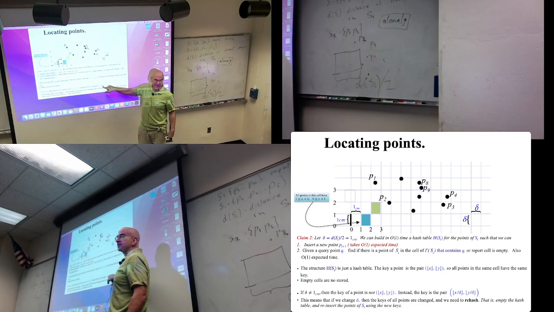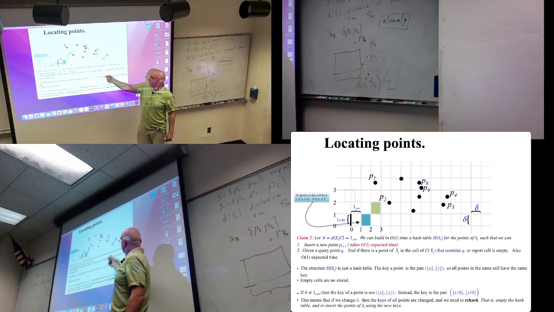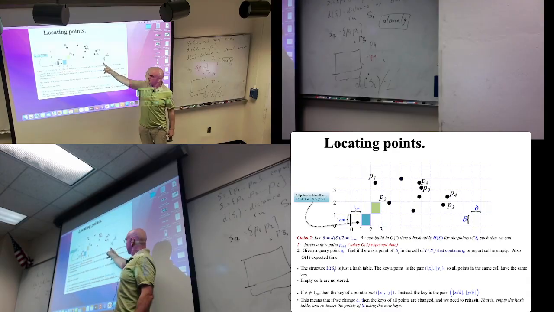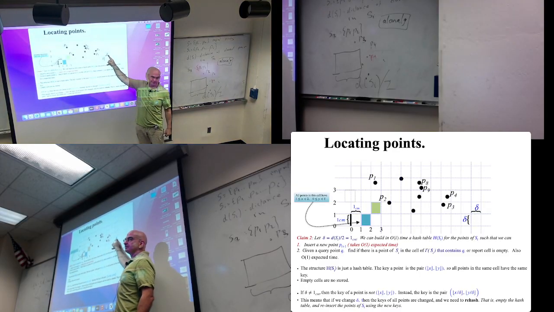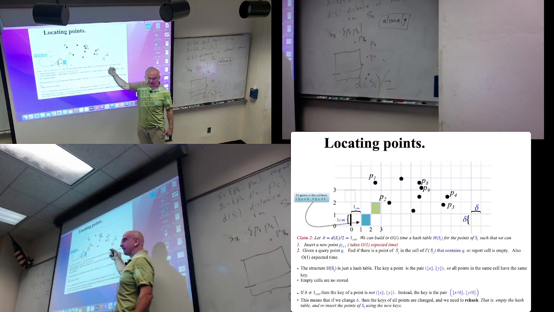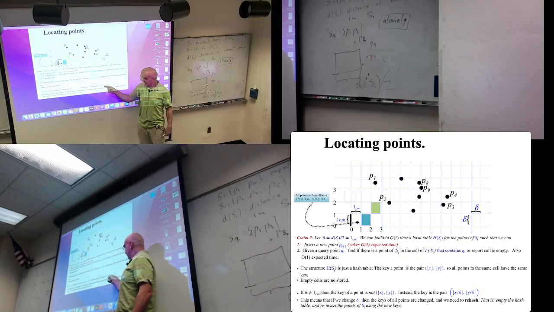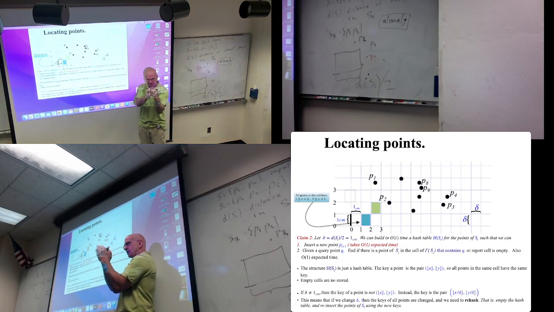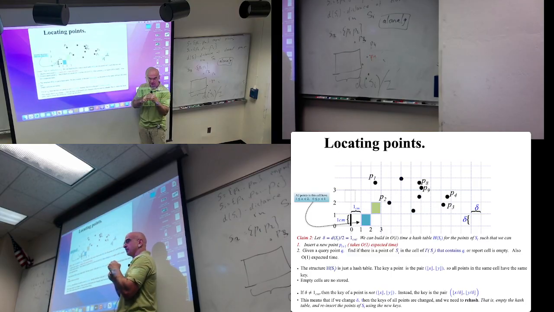Now the grid size, instead of 1, is such that every cell has size delta, and using the very same trick, the key of a point (x, y) is x over delta and y over delta, floor of each. Just rescaling, shrinking the grid size. Yeah.